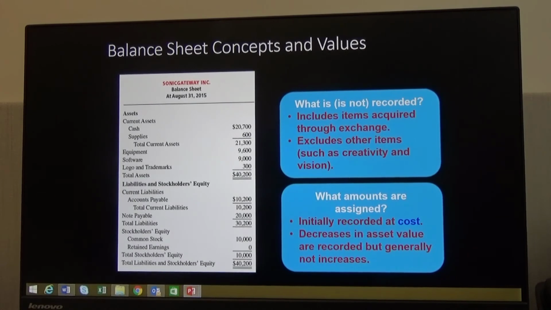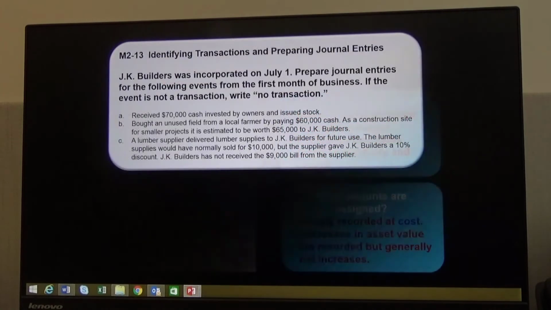So we're going to err on the side of caution and lower values for our assets, and the same thing for our revenues. We would rather understate our revenues than overstate them, because otherwise we'll get people's hopes up in error.